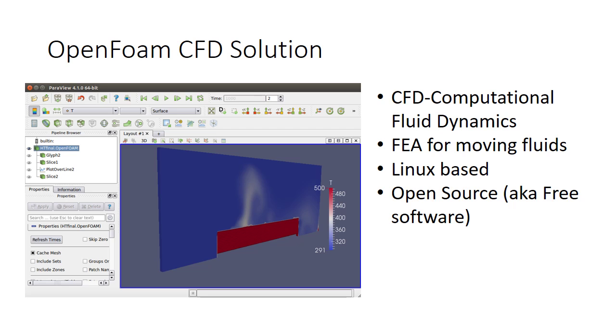For the second stage of our project, we modeled the flow using a CFD solver. CFD stands for Computational Fluid Dynamics, and the CFD model creates a mesh of the fluid that flows over any object, in this case a heat sink. That fluid is then broken up into small elements and calculations done for each element. This is very similar to an FEA analysis, except the medium is a fluid and most of the time is moving.